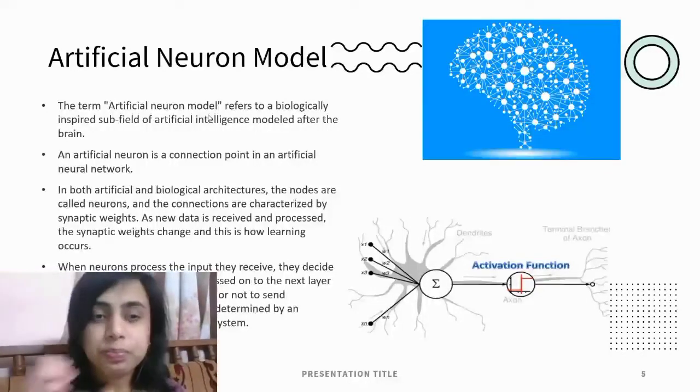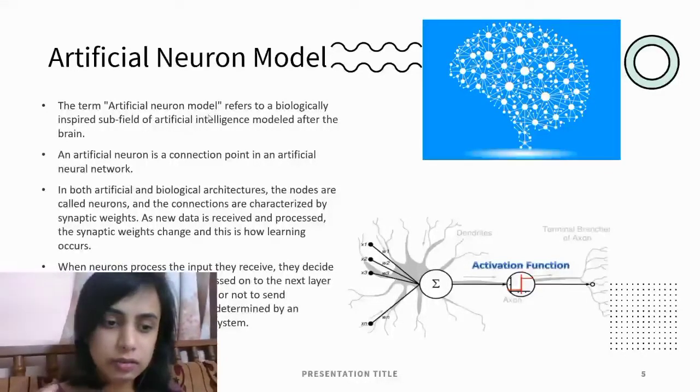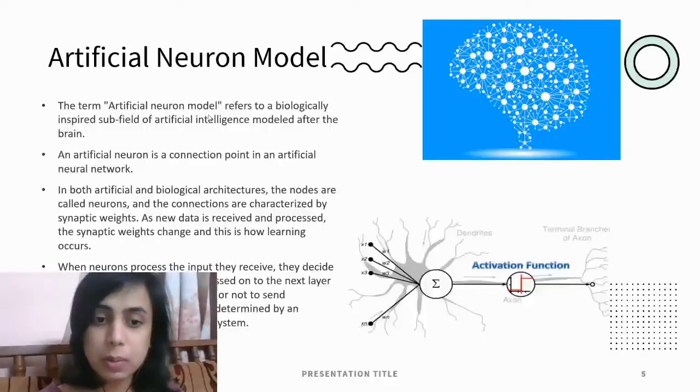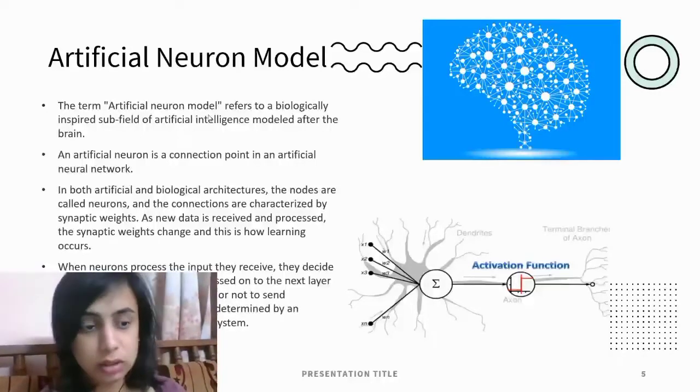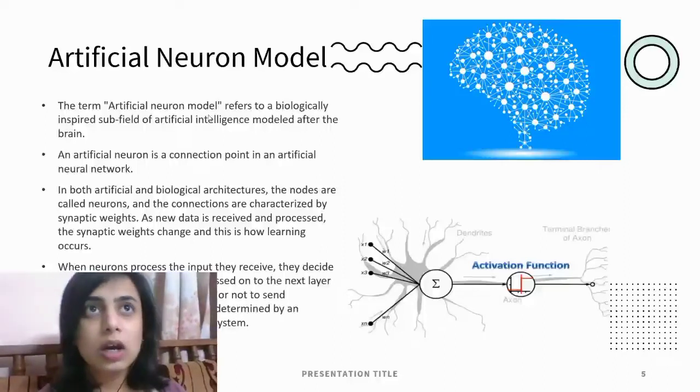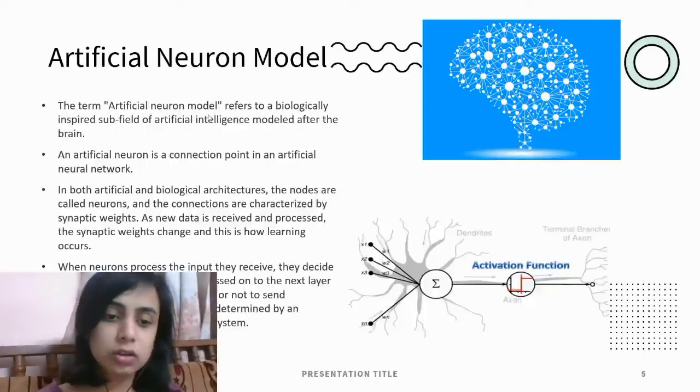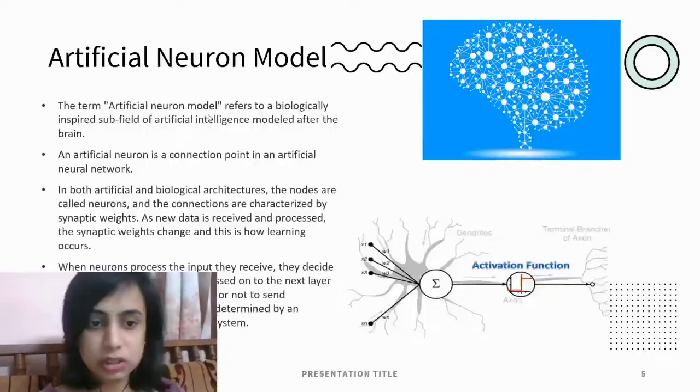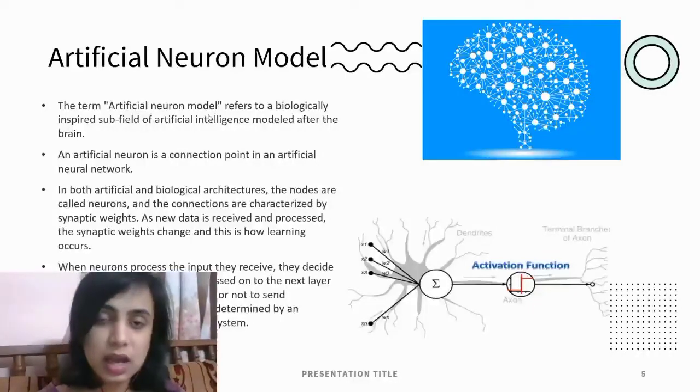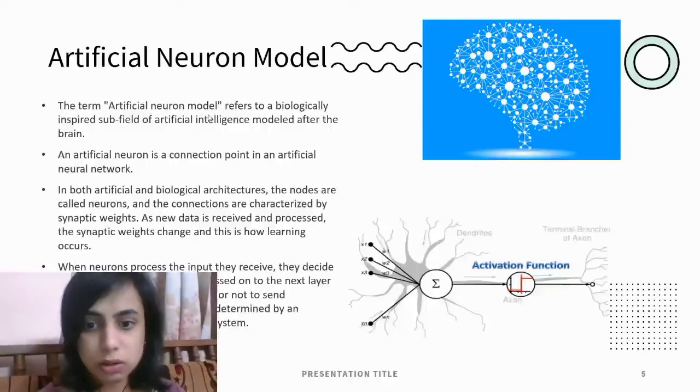When a given neuron processes the input that it receives, it decides whether the output should be passed on to the next layer as an input. The decision of whether or not to send the information is called a bias and is dependent on an activation function that is built into the model.